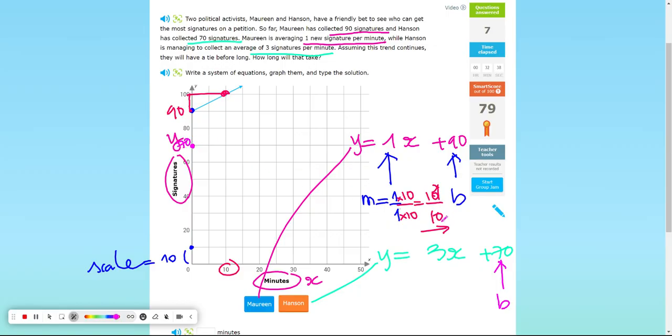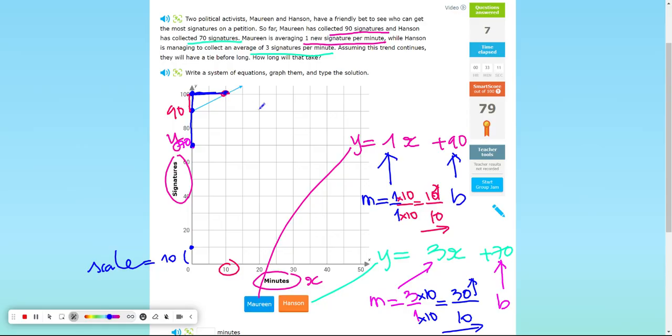And then I use my slope m equal 3 over 1. But make sure I multiply with the scale, which is 10. I multiply by 10, multiply by 10 on the bottom, comes out 30 over 10. So how do I graph? I go up 30, I go to the right side 10. So from 70 over here, I go up 30, which ends at 100, and then go to the right side 10. Okay, here we go.